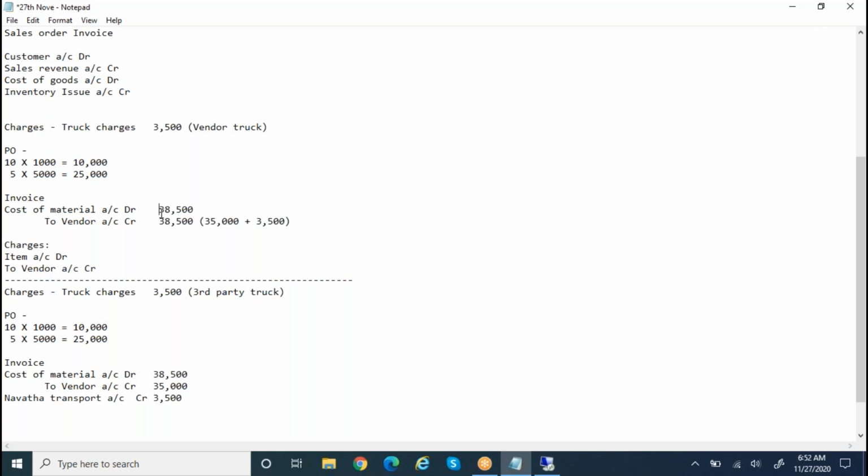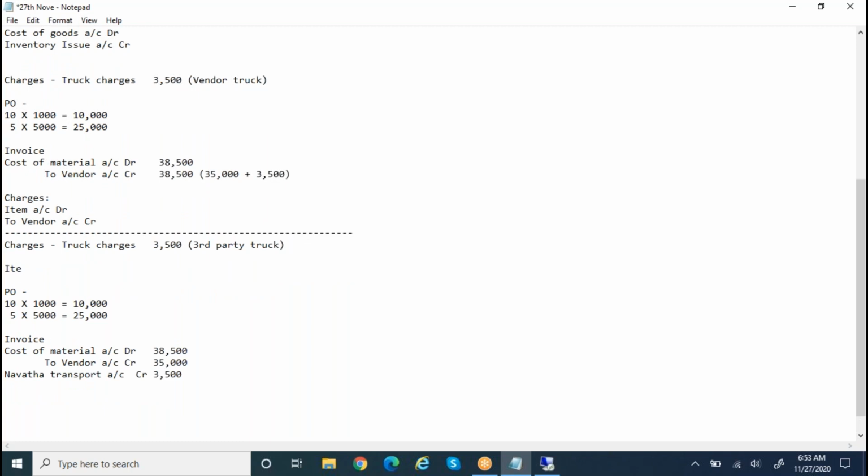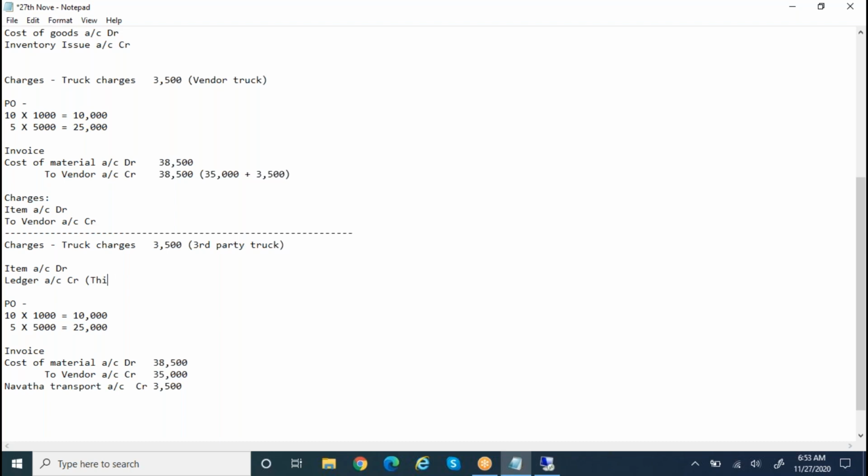If the vendor is paying the same charges, that is one case. If it is a third party truck, then item account debit to ledger account. Here ledger account means third party vendor. These are the setups. Particularly finance people, you need to be very clear about this one. So there are two options.